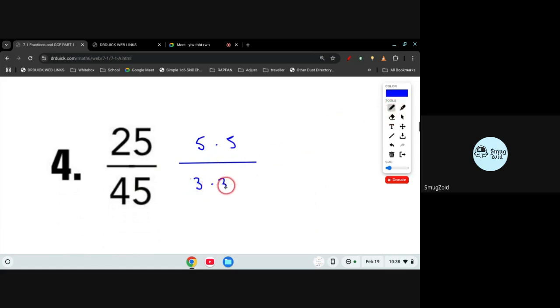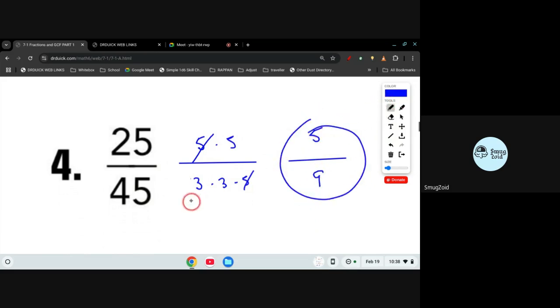At this point, you could do the factor trees to make sure you understand what's going on. So I can cross out this 5 and this 5, and I would get 5 over 9 as the answer to this one. Remember, you just multiply 3 times 3 is 9.